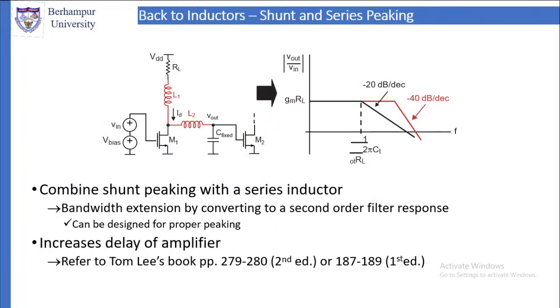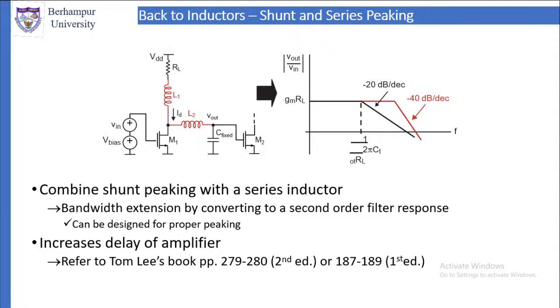Now I'll come back to these inductors again. Shunt and series peaking: picking up the gain under shunt connection and series connection. Combine shunt peaking with a series inductor. Here you can see that we are using a shunt inductor and a series inductor, L1 and L2, in the amplifier.